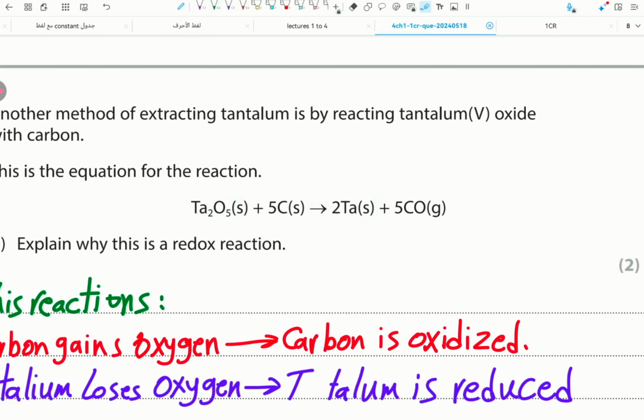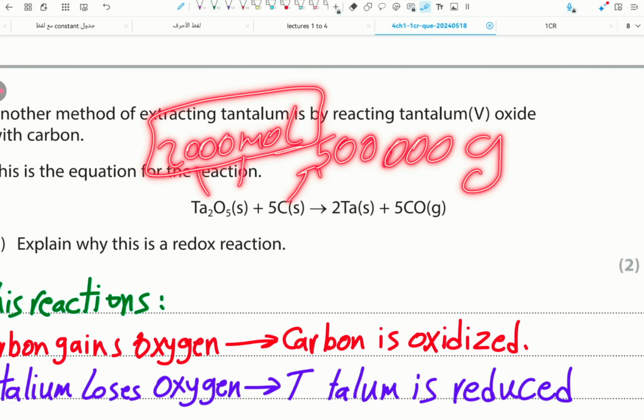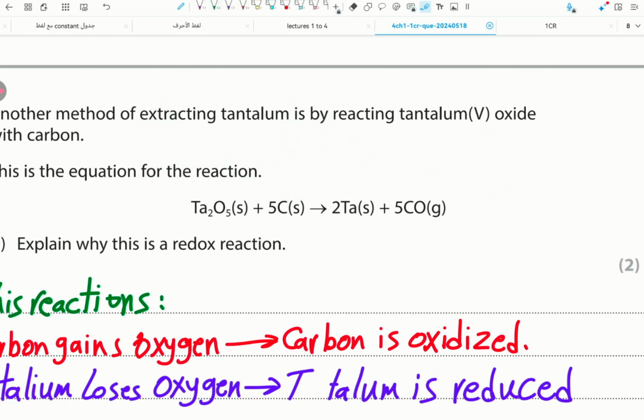Now, they say we have 2,000 moles of this chemical material and we have added 5,000 grams. So we need to change this into grams to know how many grams of carbon I need for 2,000 moles.